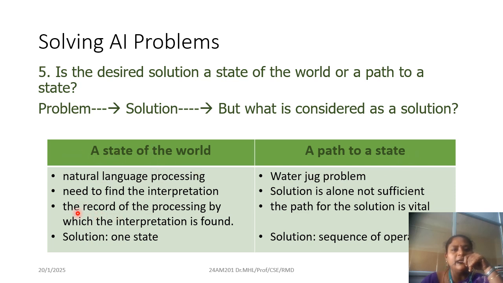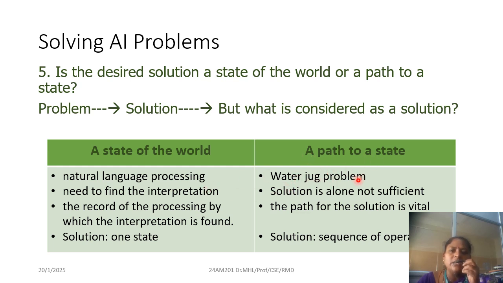In the first category, your NLP, natural language processing, finds its place. We need to find the interpretation. Here, the record of processing by which the interpretation is found is important. Here, the solution is just one state. I want to reach that state. Whereas in certain problems, the path to a state is important.